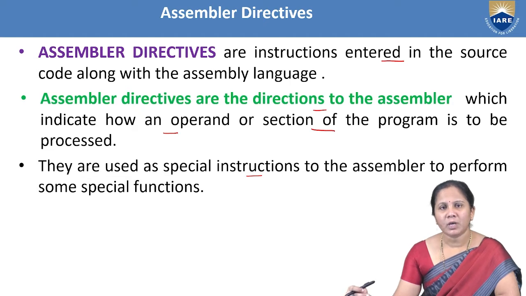But the assembler directives are called special instructions because they are instructions only for the assembler, linker and loader. They are not going to be converted into machine code. That is the main difference between the instructions in the 8086 instruction set and the assembler directives. The instruction set instructions will be converted into machine code, whereas assembler directives will not.